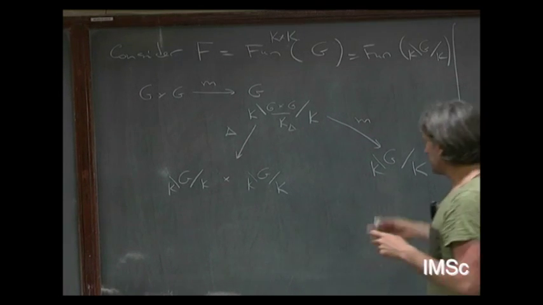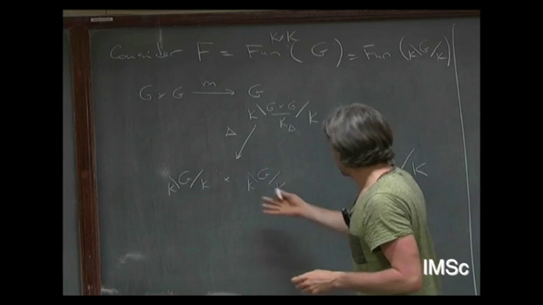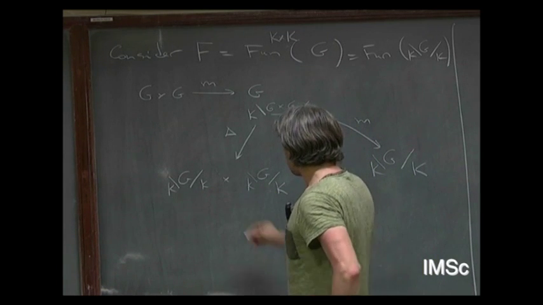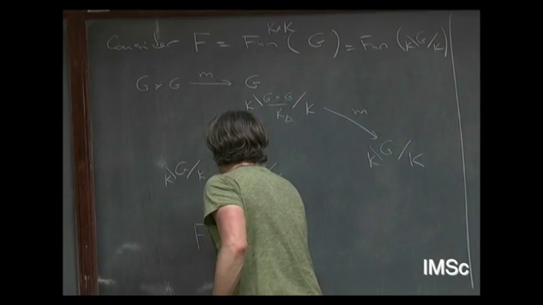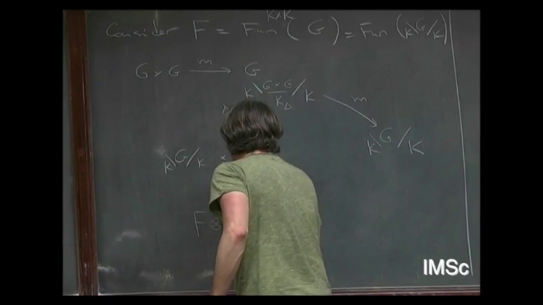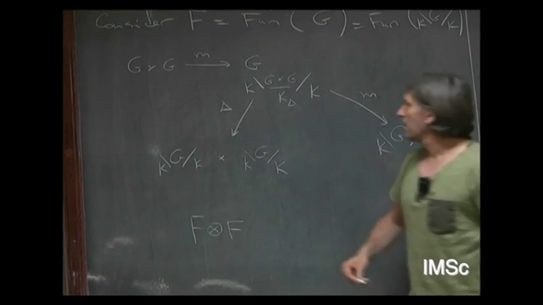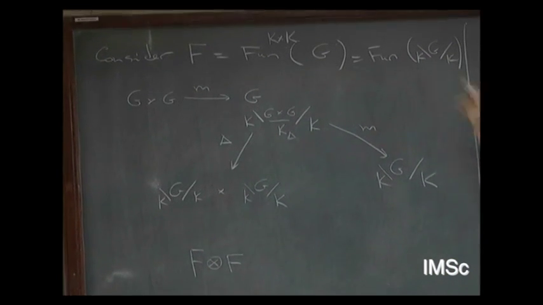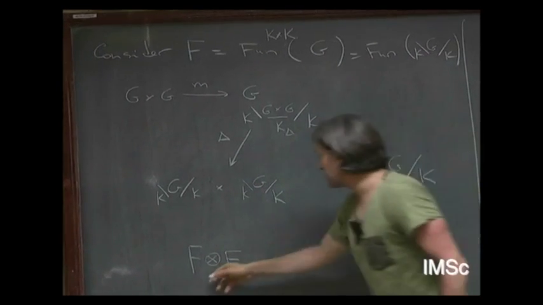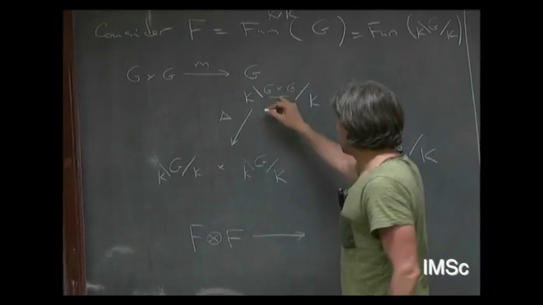Then you can start from functions here. Functions here, these are sets. So functions here is just F tensor F, right? Because it's the product. So this is just a vector space with basis given by elements here. So this is the tensor product. Now we can pull back a function and get here.